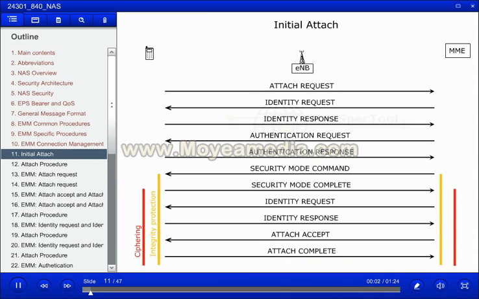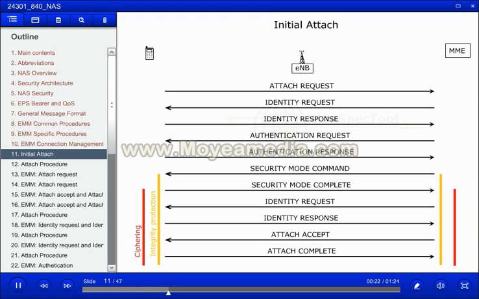The purpose of this procedure is to attach to a core network. With a successful attach procedure, a context is established for the UE in the MME, and a default bearer is established between the UE and the PDN gateway.